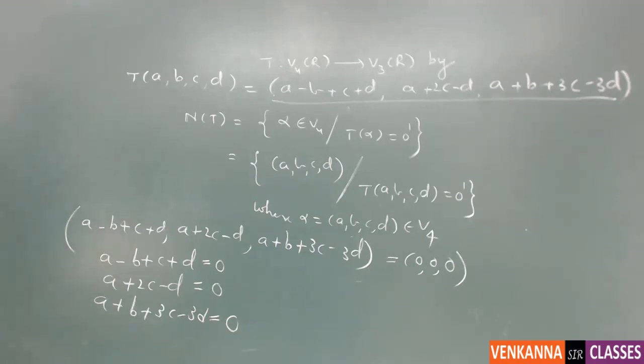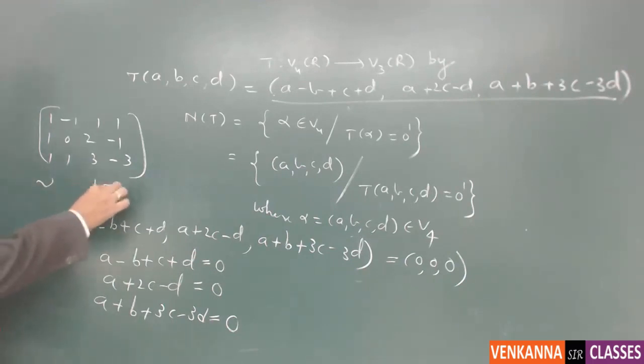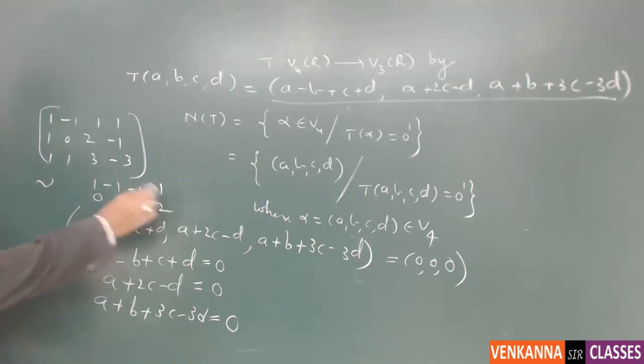Let us write the corresponding coefficient matrix: 1, minus 1, 1, 1, 1, 0, 2, minus 1, 1, 1, 3, minus 3. If you reduce this to echelon form by applying row operations, you will get the matrix as 0, 1, minus 1, 1, minus 1, minus 2, and the remaining are zeros.